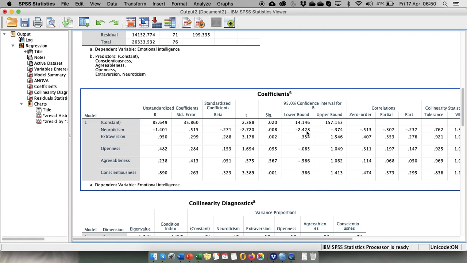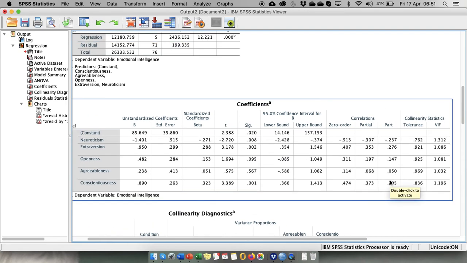In this case, the 95% confidence interval tells us that our regression slope will land between these two values. So, for example, in a non-significant result, it tells us that our regression slope potentially could be 0. And a regression slope of 0 implies there is no relationship between the two variables.